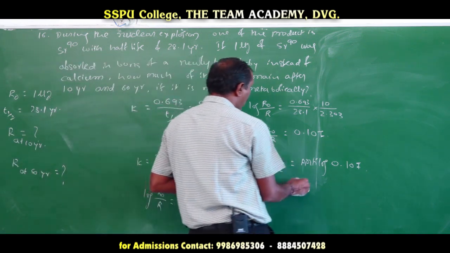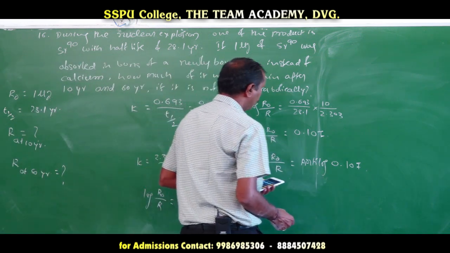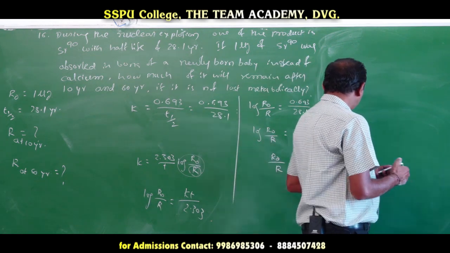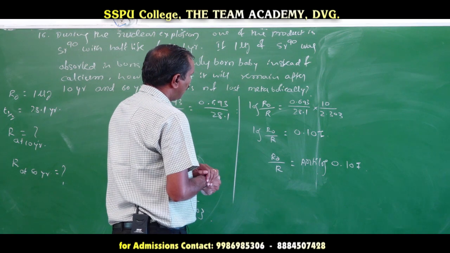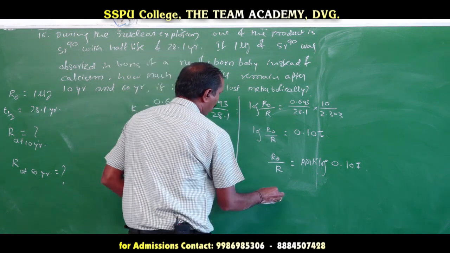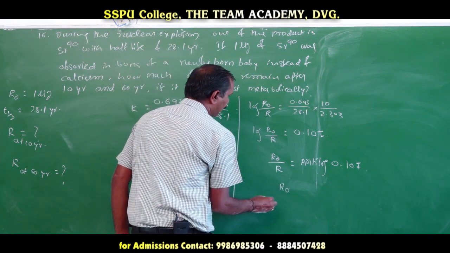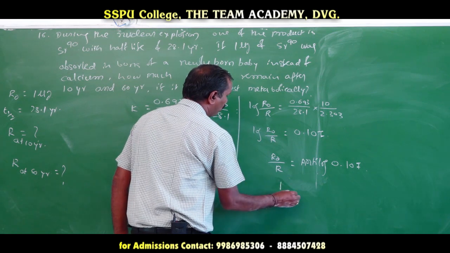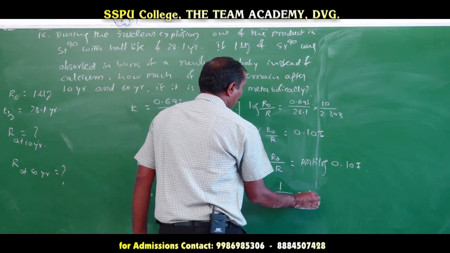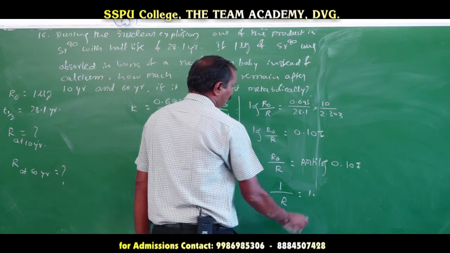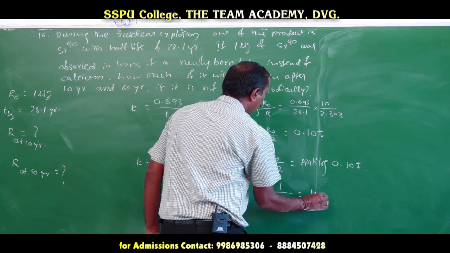R naught is 1 microgram, divided by R, that equals 1.1.